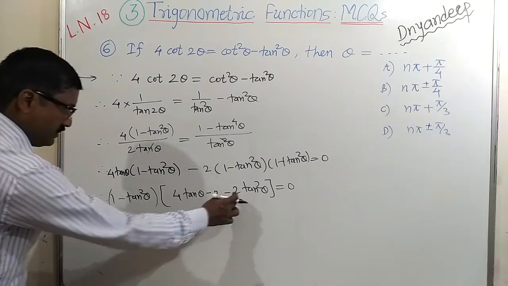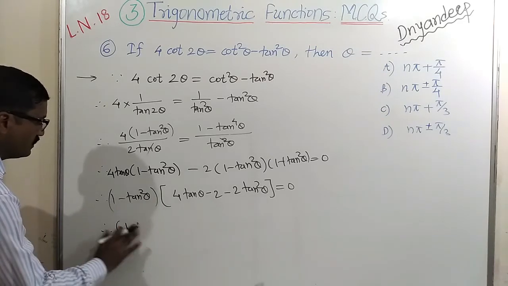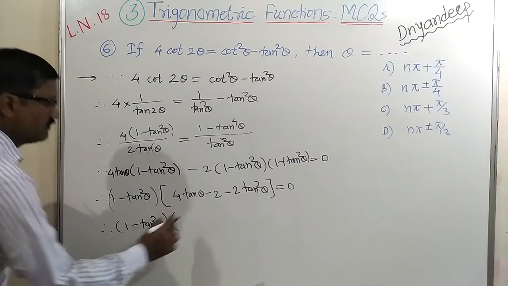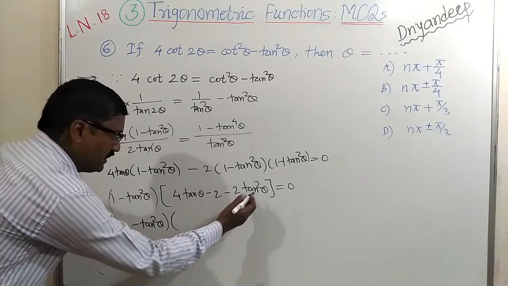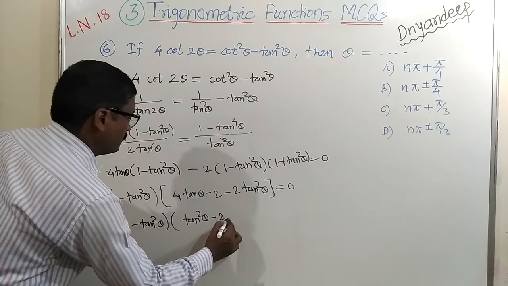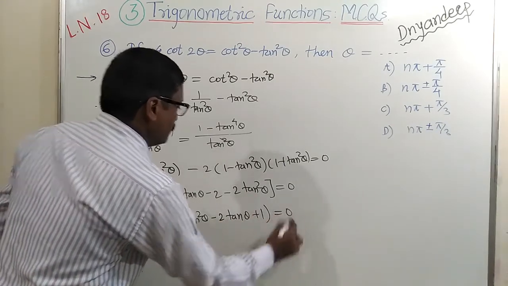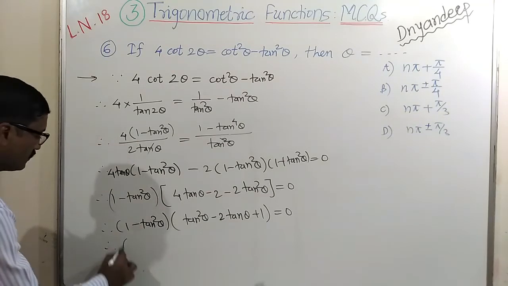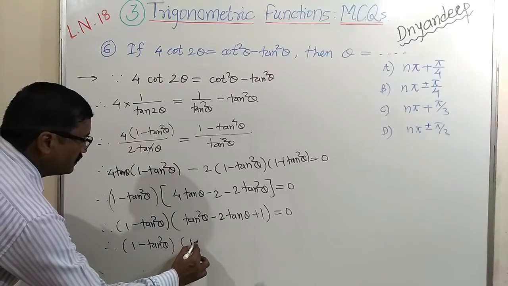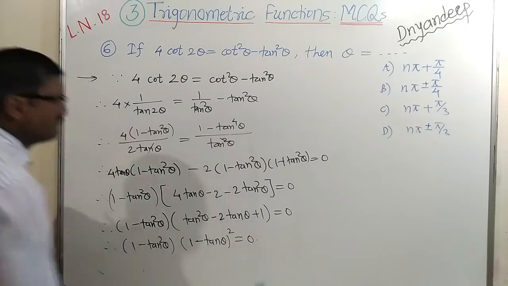Once again taking minus 2 common, remains 1 minus tan square theta in the first bracket, and in the second bracket tan square theta minus 2 tan theta plus 1 is equal to 0. Therefore 1 minus tan square theta, and this will be (1 minus tan theta) squared, equal to 0.